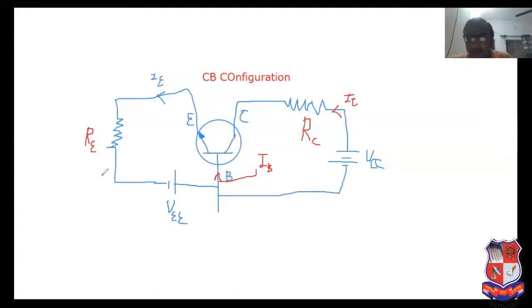Now, what are the input loop equation and output loop equation? See this. Here the voltage drop is VEB.